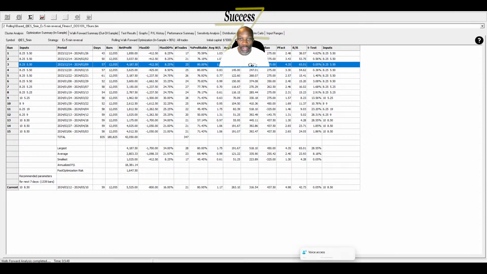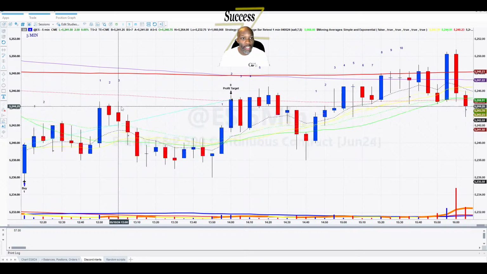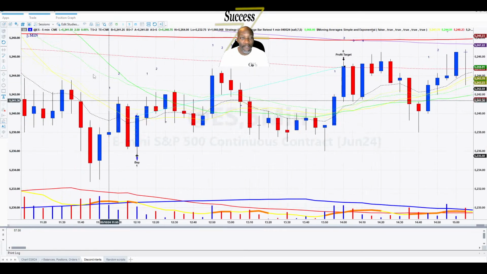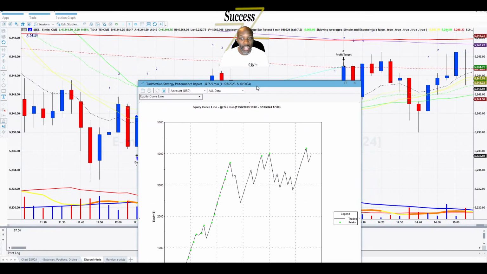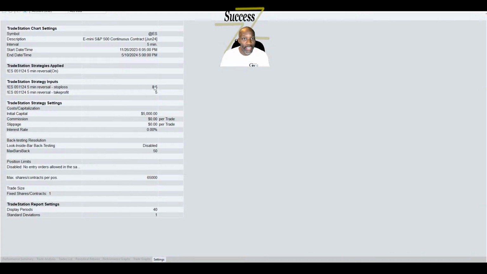Now, if we go back to the chart, you see here the strategy performance report. After we did that optimization we did just there, this is what that equity curve would look like. And the inputs that it's using are 8.5 and 5.